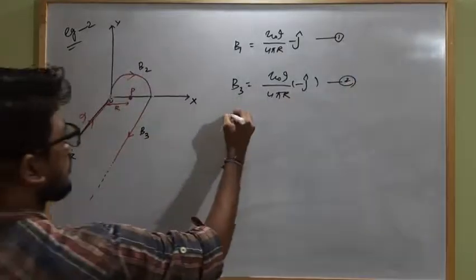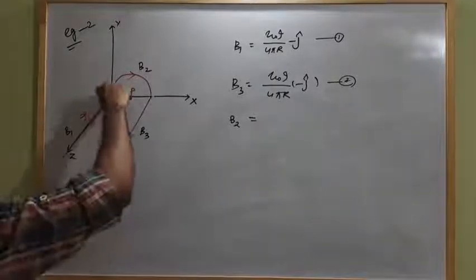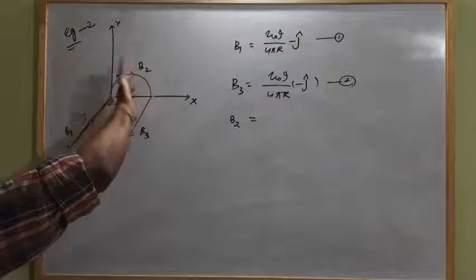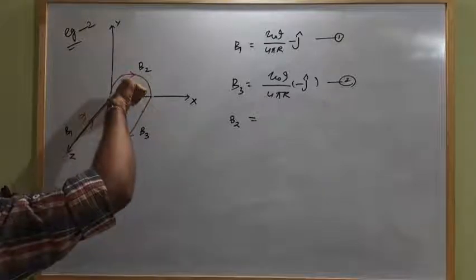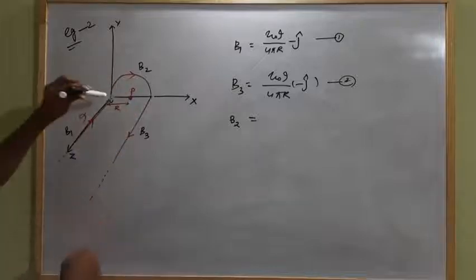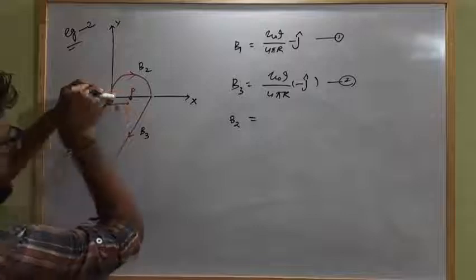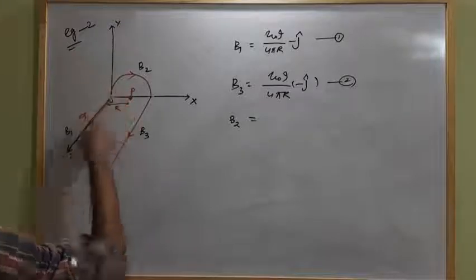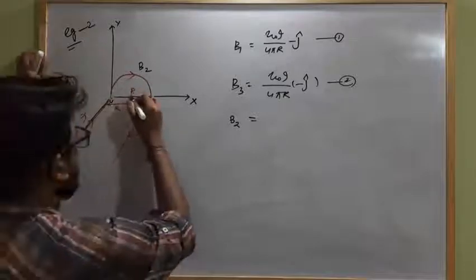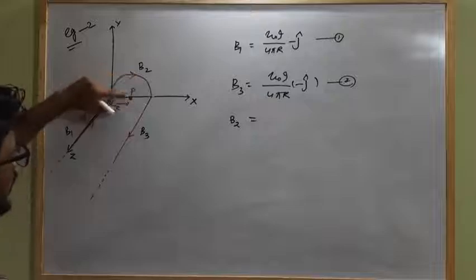Okay, let it be equation 2. Now for the B2 segment, this is in the XY plane. Clear? And the current moves like this, clockwise. So the direction of the magnetic field at P will be into the whiteboard. That means if this is the Z axis coming outward, then into the whiteboard the field will be in minus Z axis. And what is the value of magnetic field strength at this point? This is a semicircular arc of radius r.